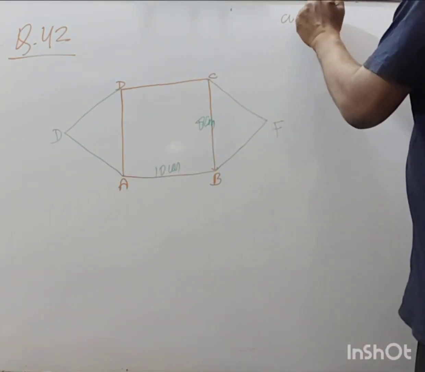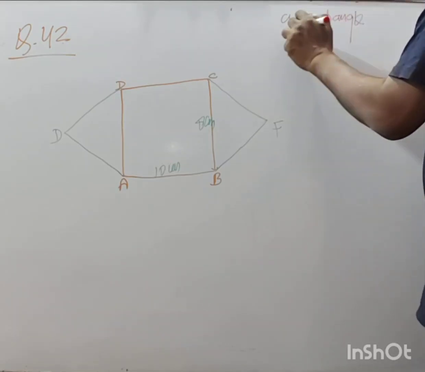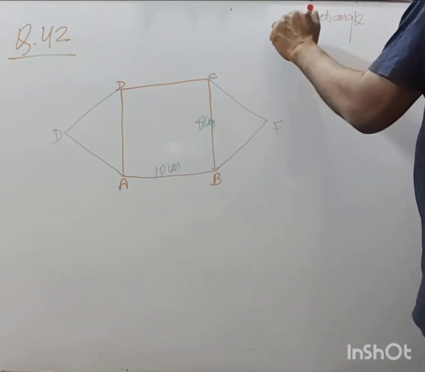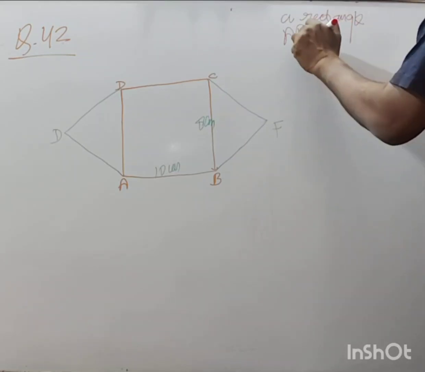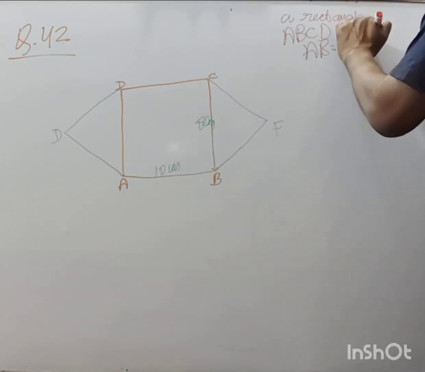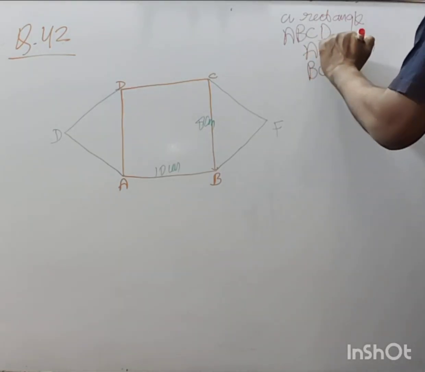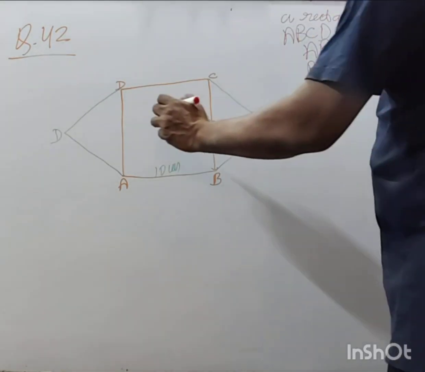A rectangle ABCD where AB is 10 centimeter and BC is equal to 8 centimeter.